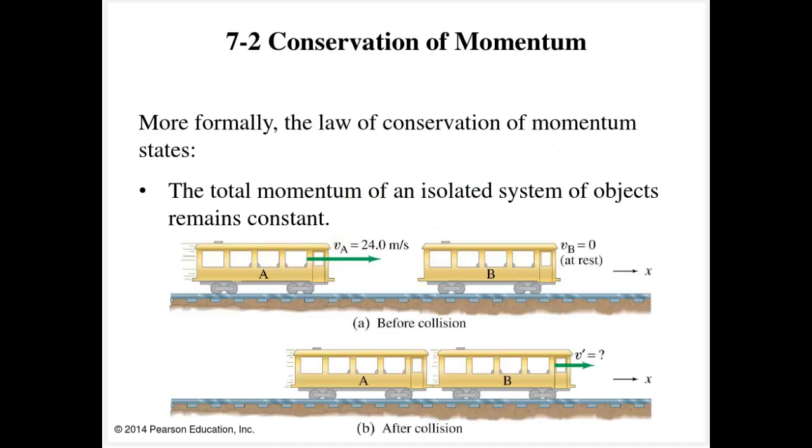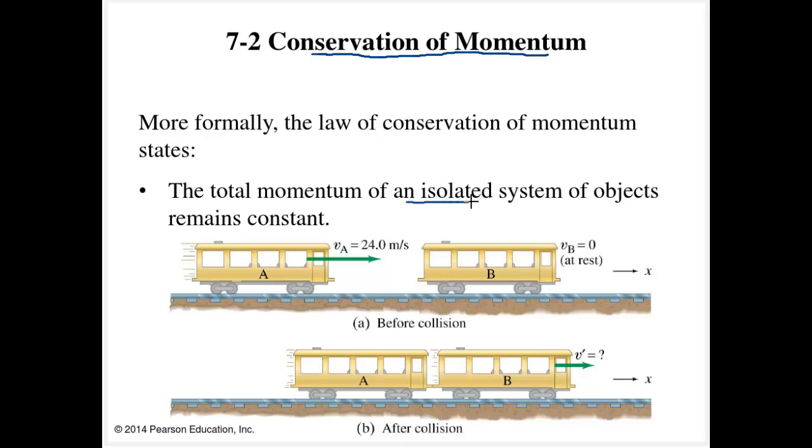So why even bother talking about momentum at all? We already know everything we need from kinematics. Well, it turns out that if we consider collisions, this thing that I defined on the last page, called momentum, is actually going to be conserved. What that means is the total amount of momentum in an isolated system is going to be a constant.